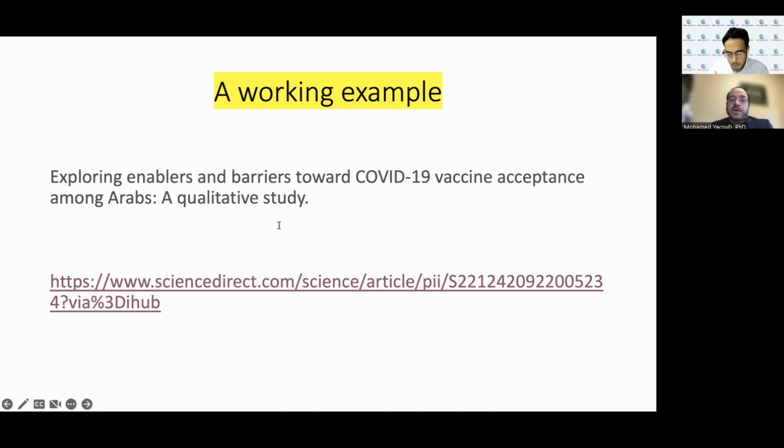Everything has to be confidential, and you should never mention the true names of the people, but you can refer to them with pseudonyms, fake names, or just a participant number, or with the country. You choose how you like to represent your participants.